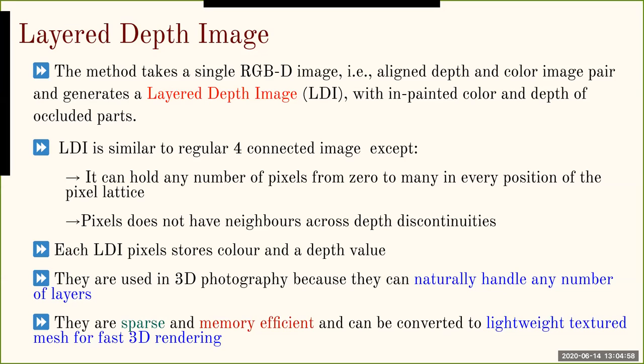LDIs are generally sparse because they are constrained to 4 connected components on a single pixel. Since it is sparse, we can convert it into a lightweight textured mesh for fast 3D rendering, and we can also use OpenGL.